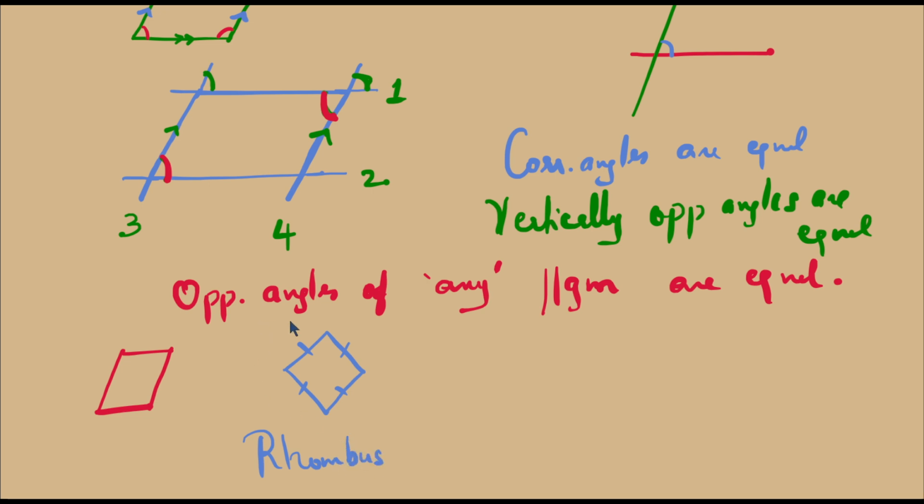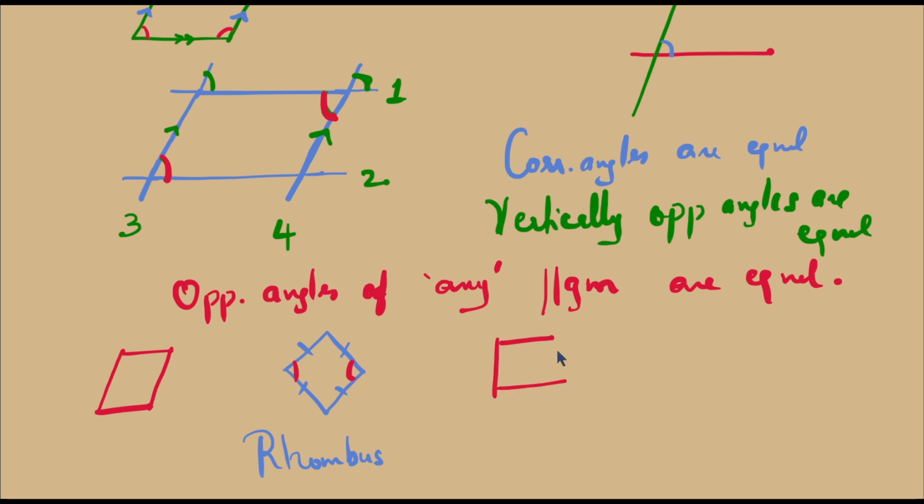So this property of opposite angles being equal is applicable to a rhombus also by the same argument. You can use the same argument and arrive at this conclusion. And this property is also applicable to a square.